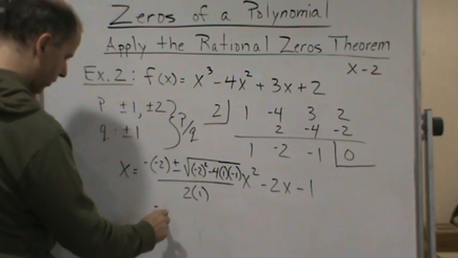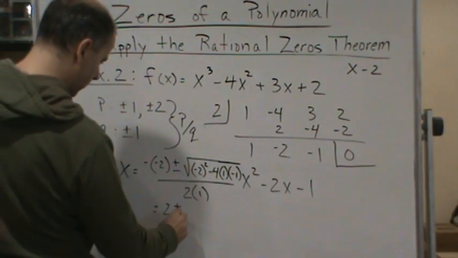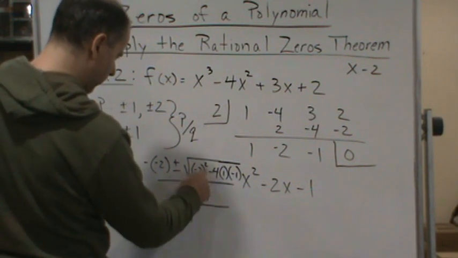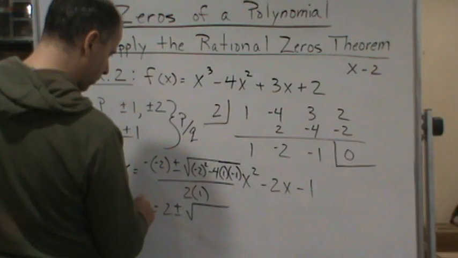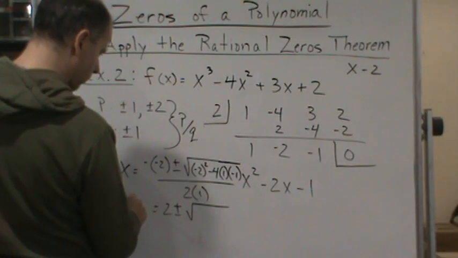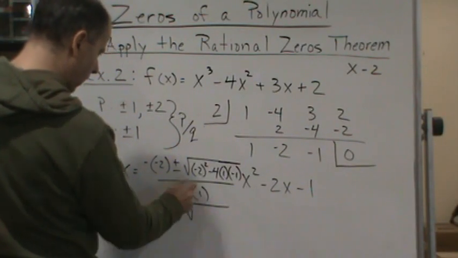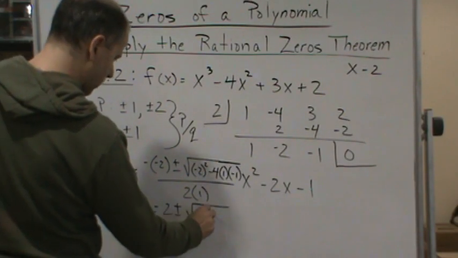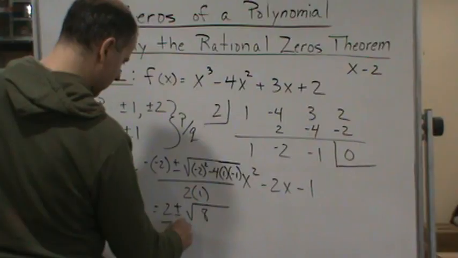So this is going to equal 2 plus or minus the square root of 4 plus 4, which is 8, all over 2.